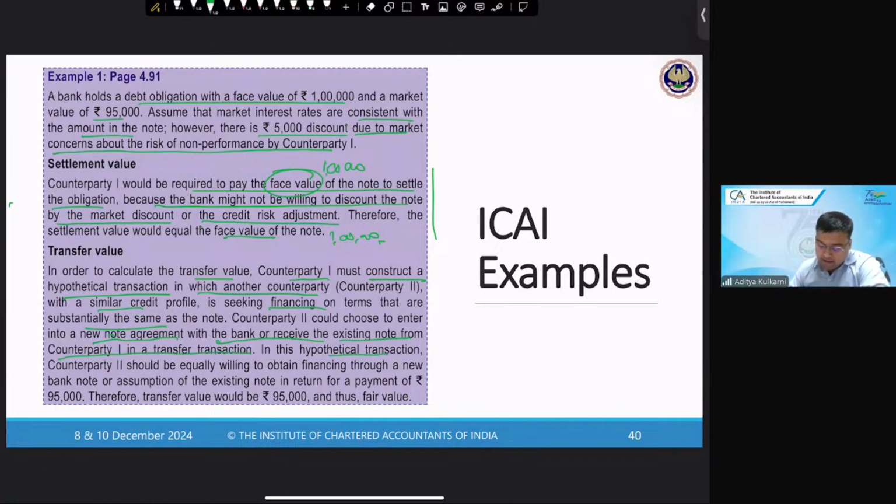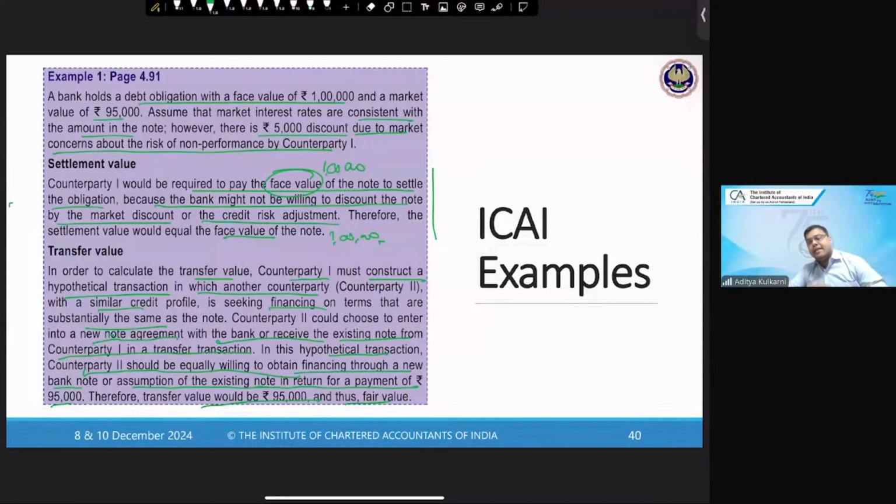In this hypothetical transaction, counterparty 2 should be equally treated to obtain financing through a new bank note or assumption of the existing note in return for a payment of rupees 95,000. Therefore, transfer value would be 95,000, and thus that would be the fair value. Are we able to understand?